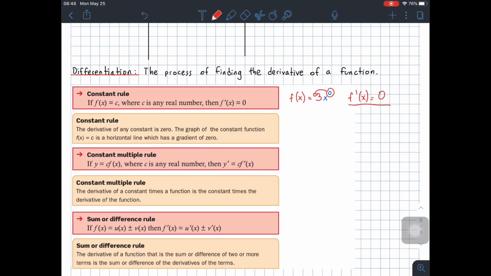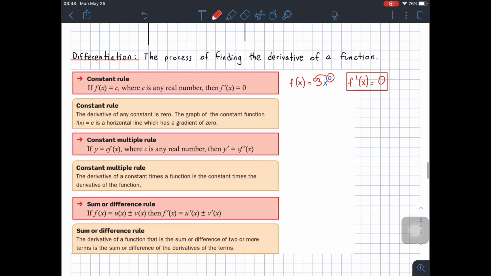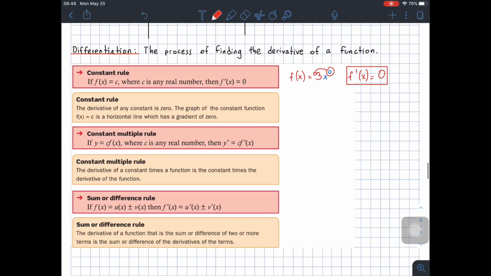That's why the derivative of any constant number is always equal to 0, okay? So that's the first rule, constant rule. Then here it says the derivative of any constant is 0. The graph of the constant function f of x equals c is a horizontal line which has a gradient 0. Okay, that's what I just explained.